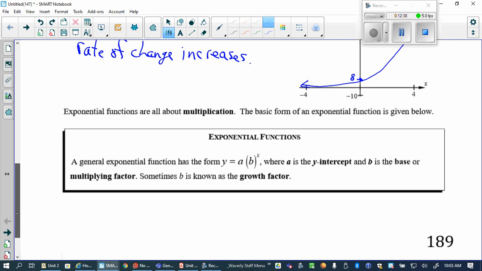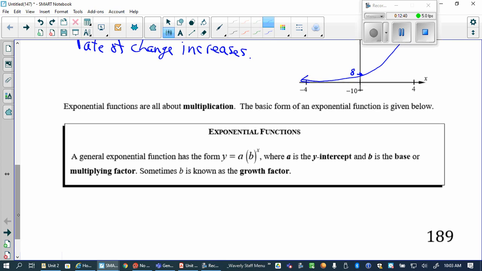Again, they're emphasizing the fact that it's all about multiplication, right? We're taking some beginning quantity and multiplying it by some multiple, or growth factor, we sometimes call it, and we're doing it some number of times. So A here, what's A in this general form? The y-intercept, the starting amount, right? The quantity you're dealing with. And what is the B?